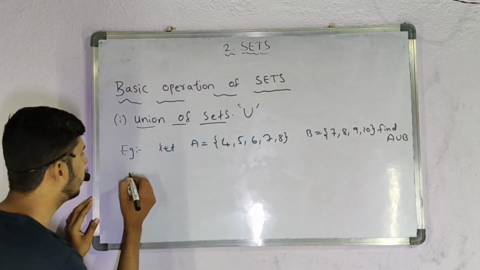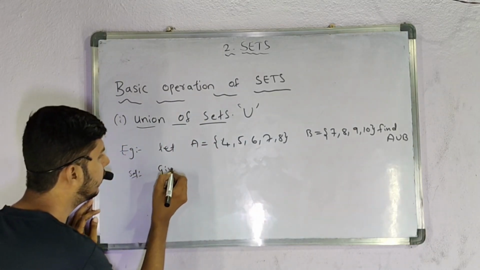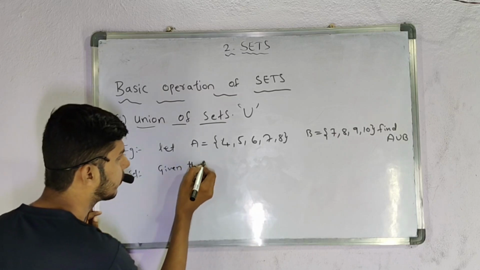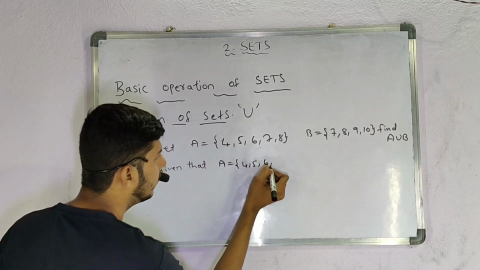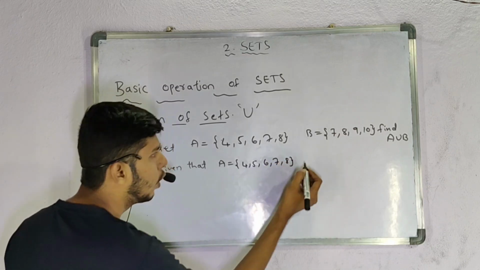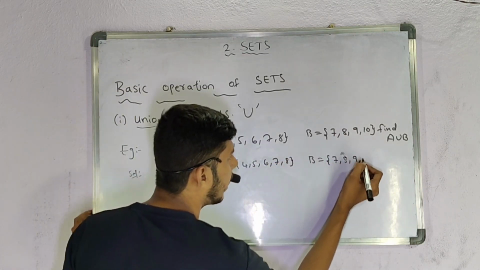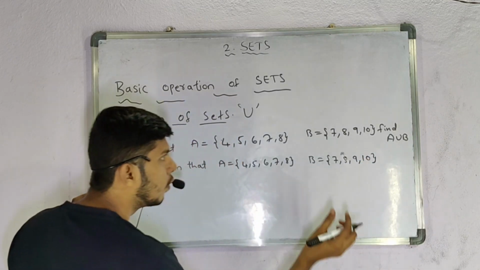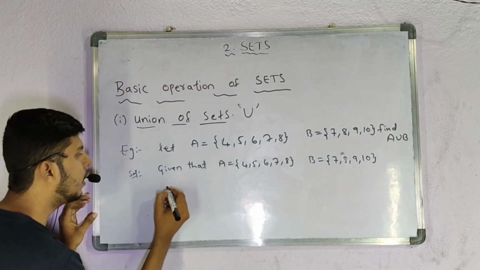How should we find A union B? See the solution. What is given here? Given that A equals 4 5 6 7 8. What is B here? 7 8 9 10, right? What should we find?